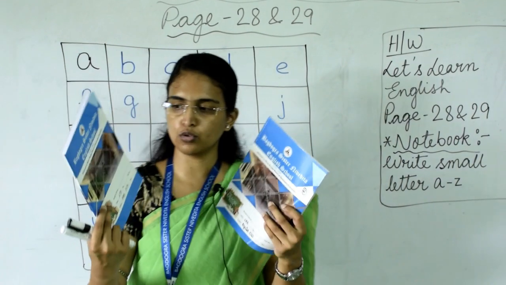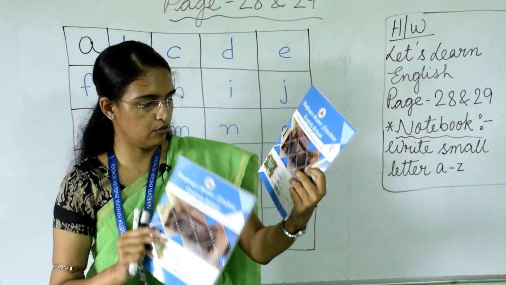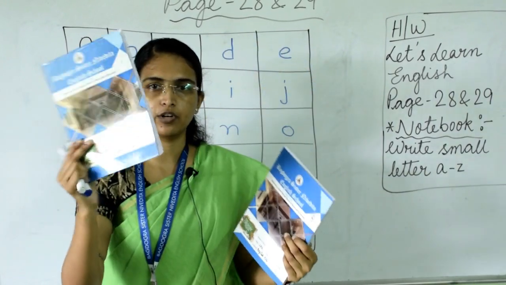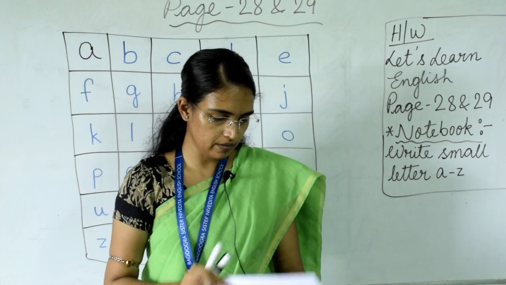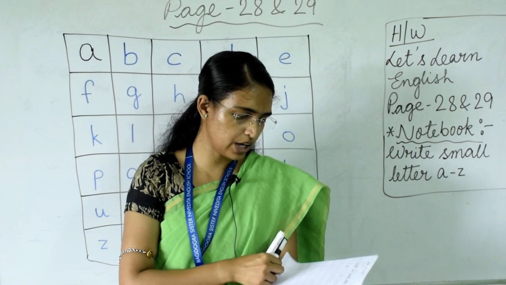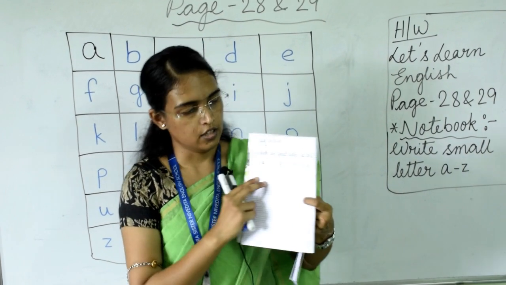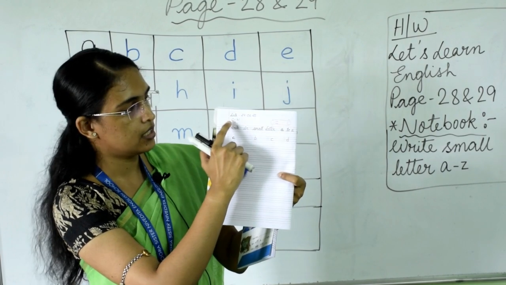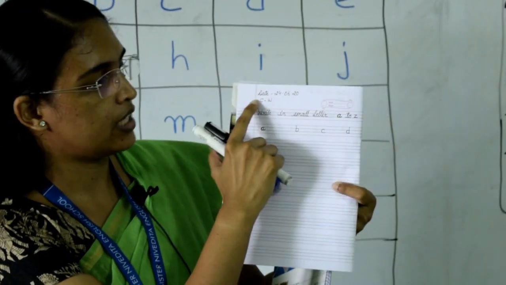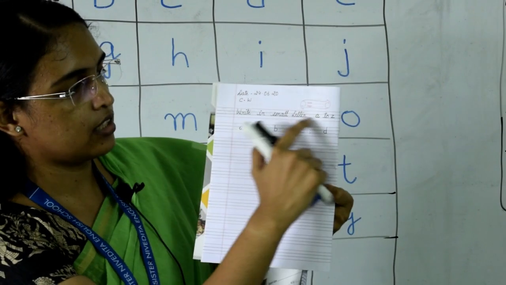Now you have two copies. Your notebook, this is notebook or copy. One is for English CW and one is for English HW. Now in your CW copy, what you have to write, look, you have to put the date, today's date, 24/6/20, then write CW. After that, tell your parents to write this question.